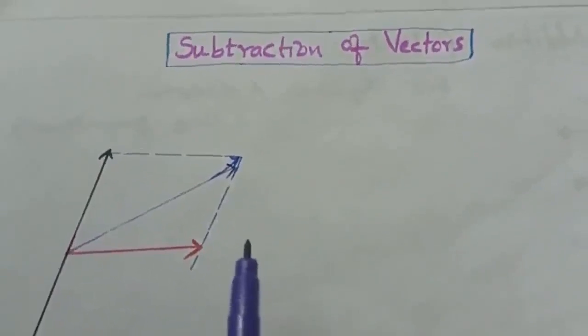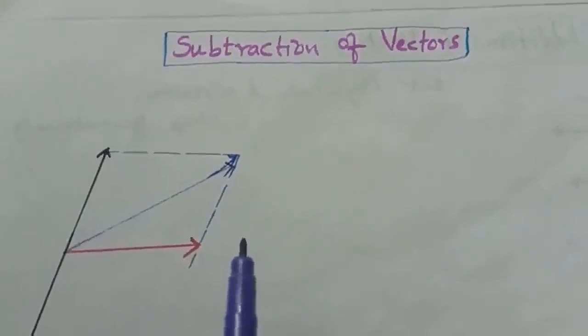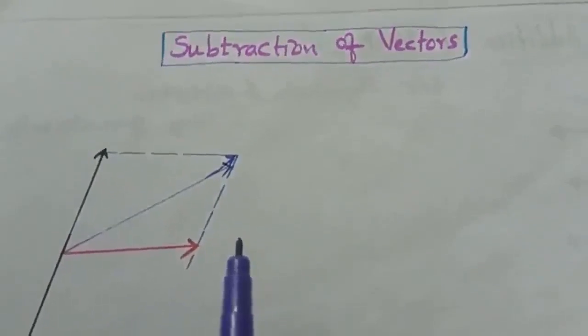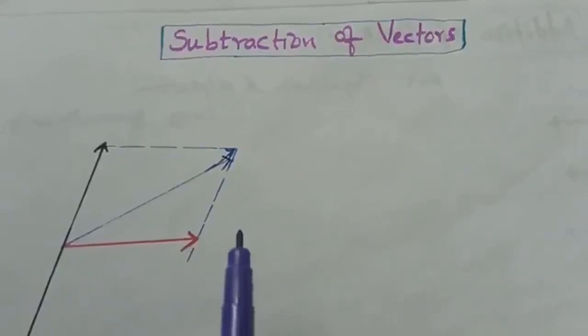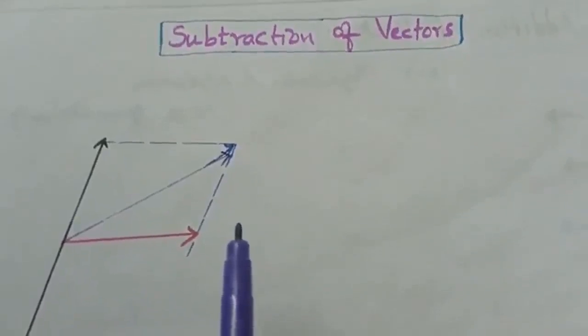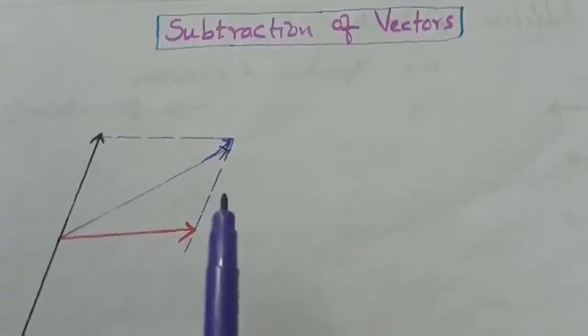Since vectors have both magnitude and direction, two vectors cannot be subtracted from each other by the method of ordinary algebra. So students, this subtraction can be done either geometrically or analytically.